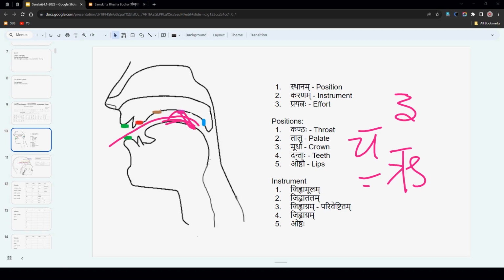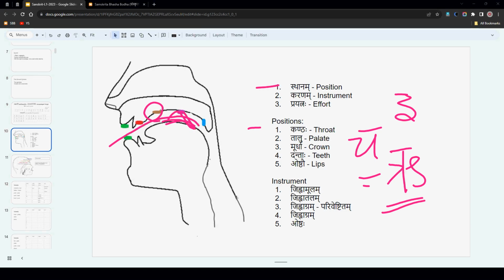Now, same thing coming to ru, you have to follow a similar guideline here. Since this is considered a swara, and it is a murdhanya. Murdhanya means the tongue does not touch. The place, the position, is here.